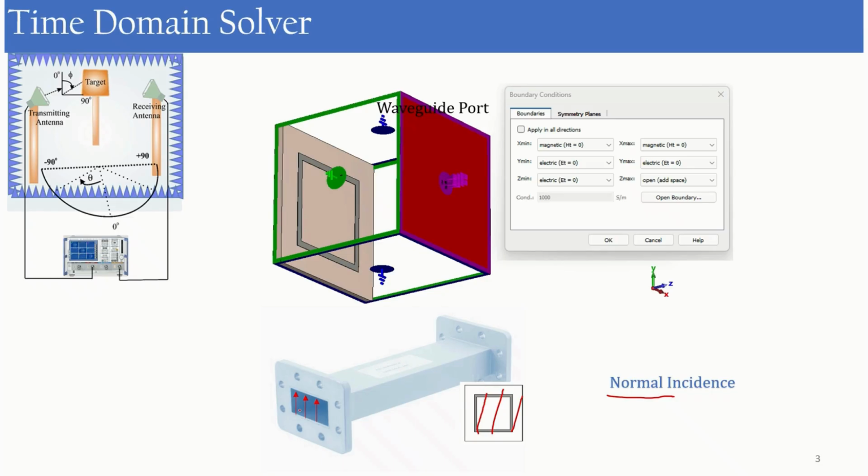And here also the orientation of the electric field is only one direction, which is supported only if we set these boundary conditions like this. That means we will get only one polarization result from this time domain solver. If you want to provide another polarization, we have to change this boundary condition. So I will show how it is done.